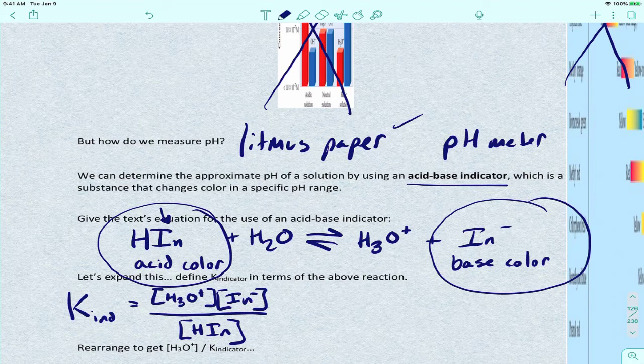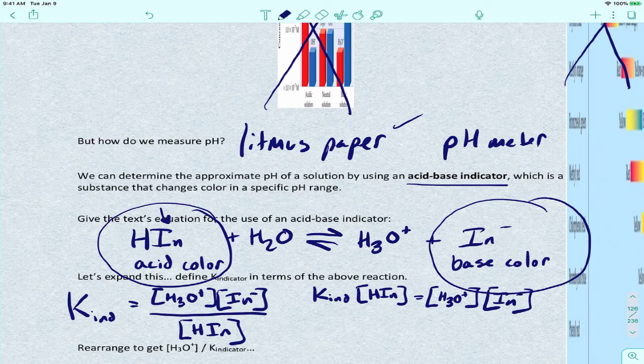So at this point, let's say I want to get the indicator by itself. I'd have to multiply both sides by the concentration of the acid indicator. So that would be the equilibrium constant times the concentration of acid. That's going to be equal to the concentration of H3O plus times the base indicator.